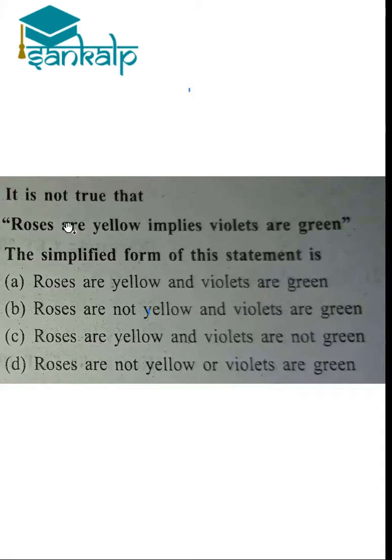It is not true that roses are yellow implies violets are green.